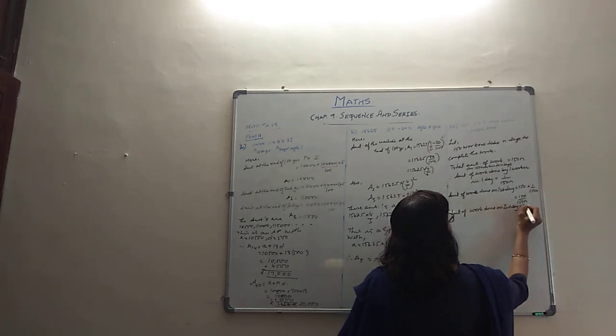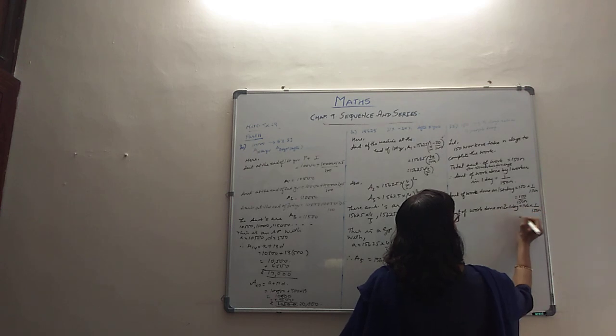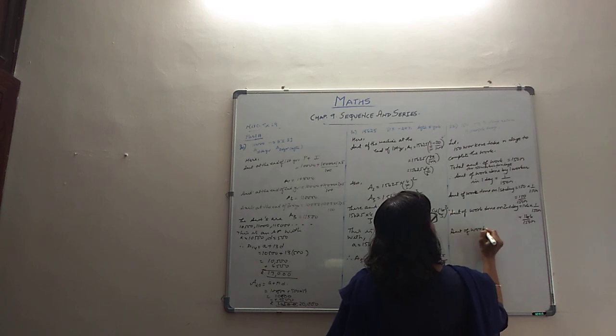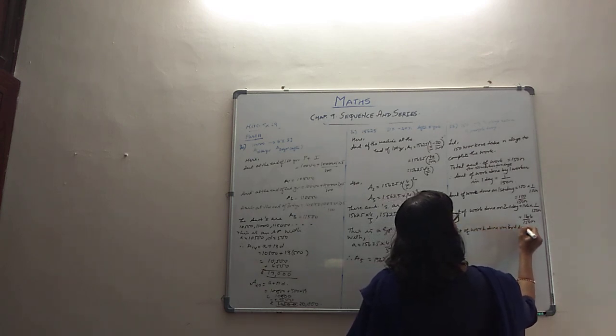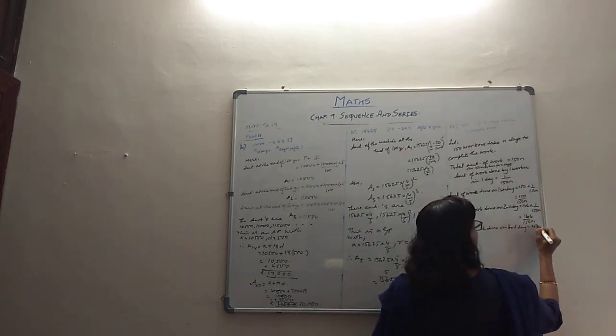So it was 146 by 150n. On the next day, what happened? The amount of work done on the third day: 4 more dropped, no? So it became 142. 142 by 150n.